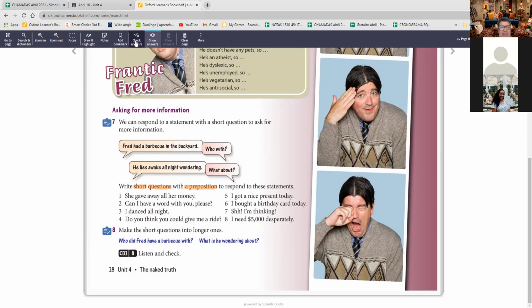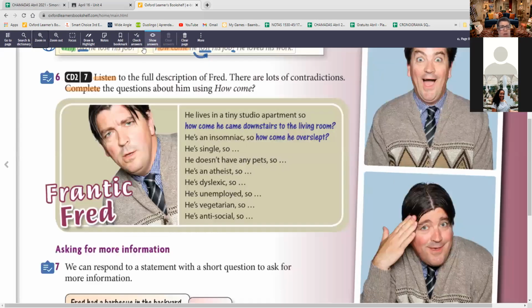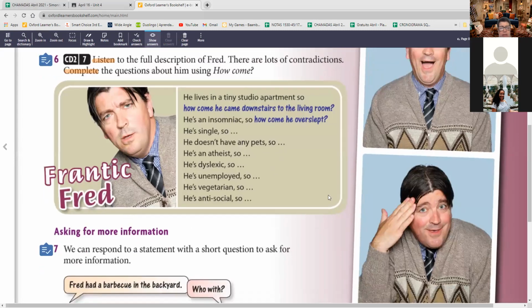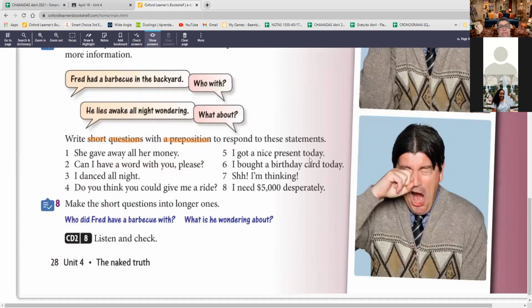Okay. So this is, you see, complicated. It's a little complicated, and boring at the same time. So let's just do the second one. Somebody says, can I have a word with you, please? And then you say, oops, I think I'm becoming dyslexic.